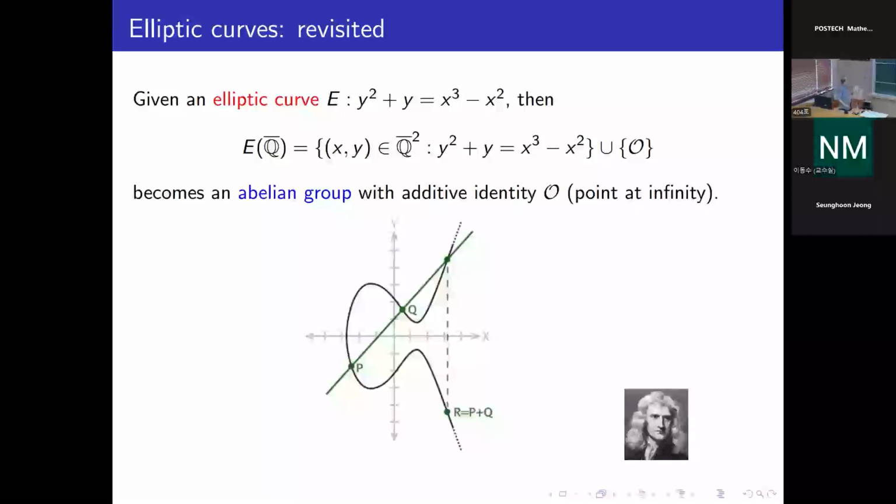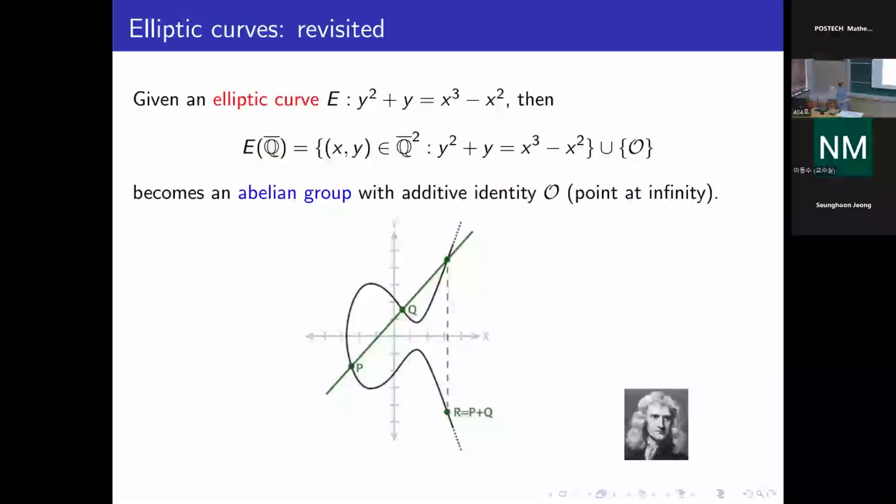So let's go back to the elliptic curve I had some time ago, y squared plus y equals x cubed minus x squared. And then instead of counting over Z mod pZ, I can also now look at this elliptic curve with entries in Q, or maybe even in the algebraic closure of Q.